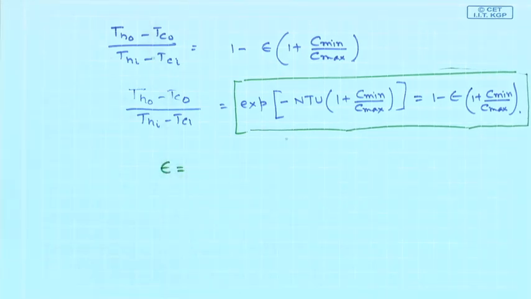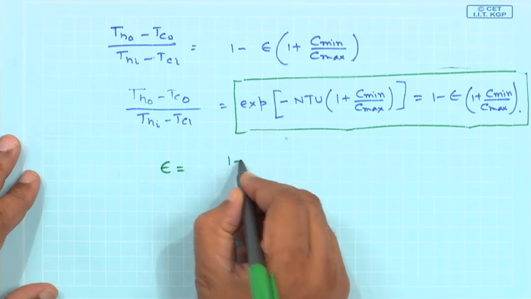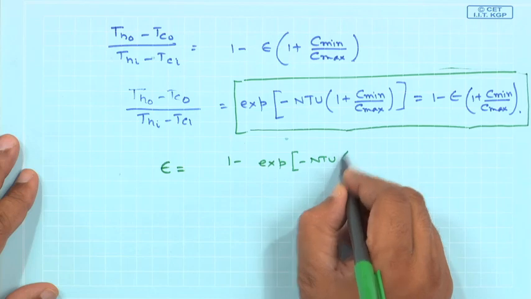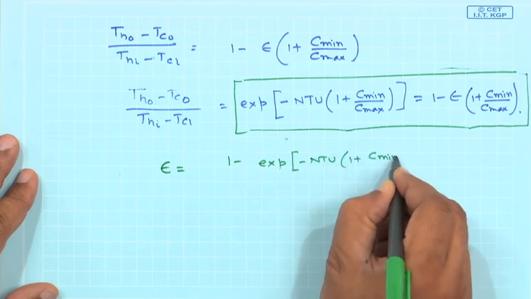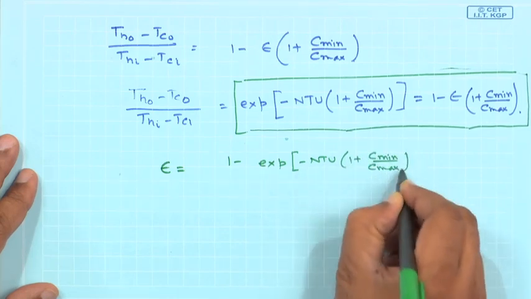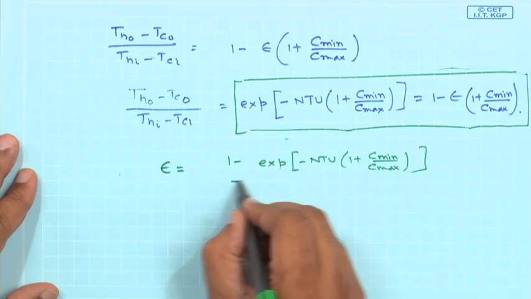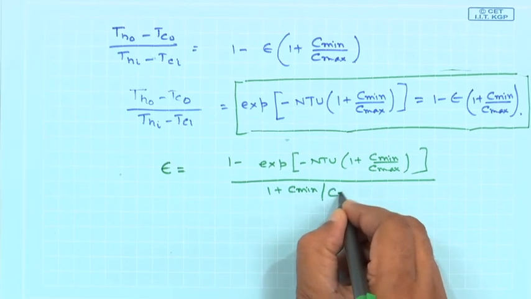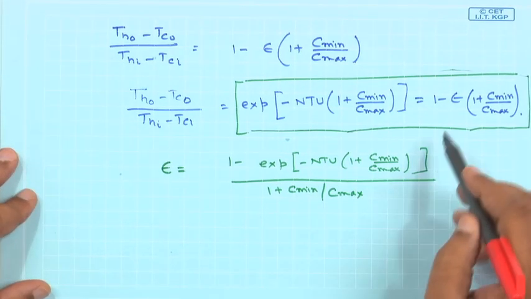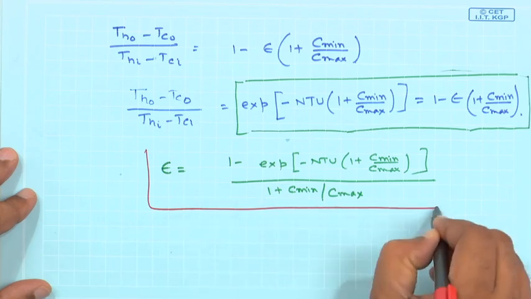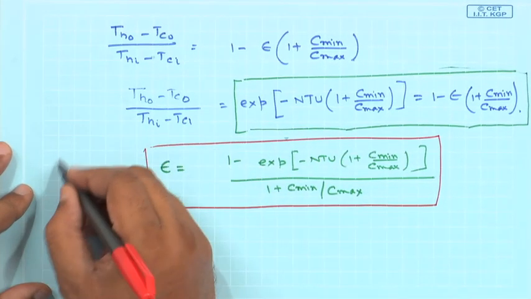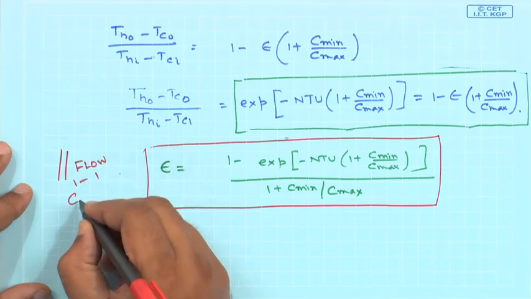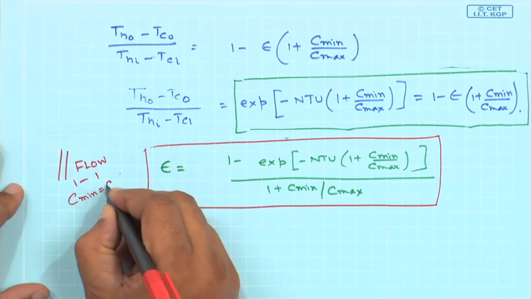So, epsilon from here would be equal to 1 minus exponential of minus NTU times 1 plus C minimum by C maximum, divided by 1 plus C minimum by C maximum. This relation one can derive for the case of parallel flow 1-1 and C minimum equal to CH.